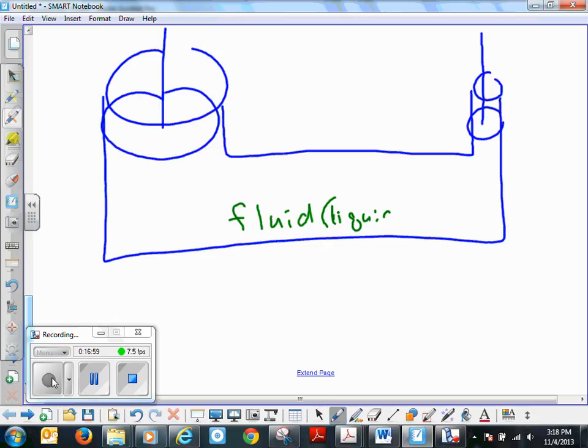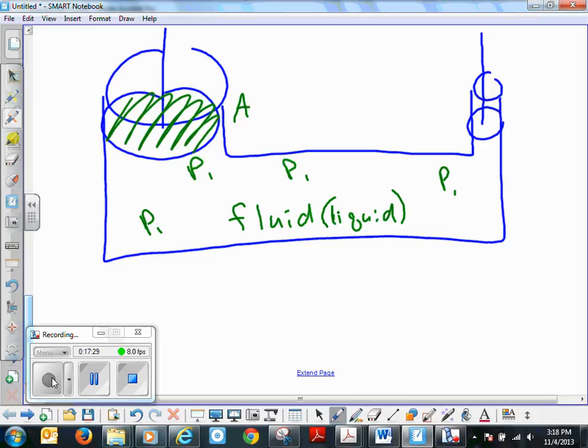And Pascal's principle says that if I have a pressure right here, P1, throughout the whole entire enclosed liquid, I have the same pressure. So the pressure here is the same, pressure here is the same. The whole entire liquid has the same pressure. That's Pascal's principle. This is what we're using when we do hydraulics. So over here, we'll say that area of that plunger is going to be 10.